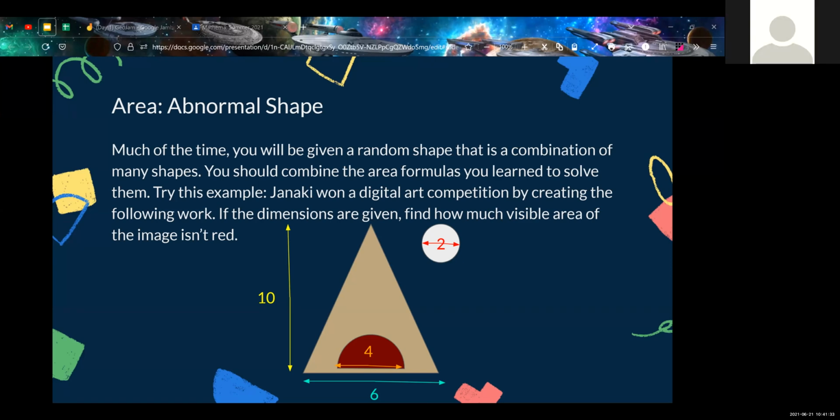Is that circle with the 2 on it part of it? No, the dimensions are not part of the image. Okay, so the little semicircle is not supposed to be red.